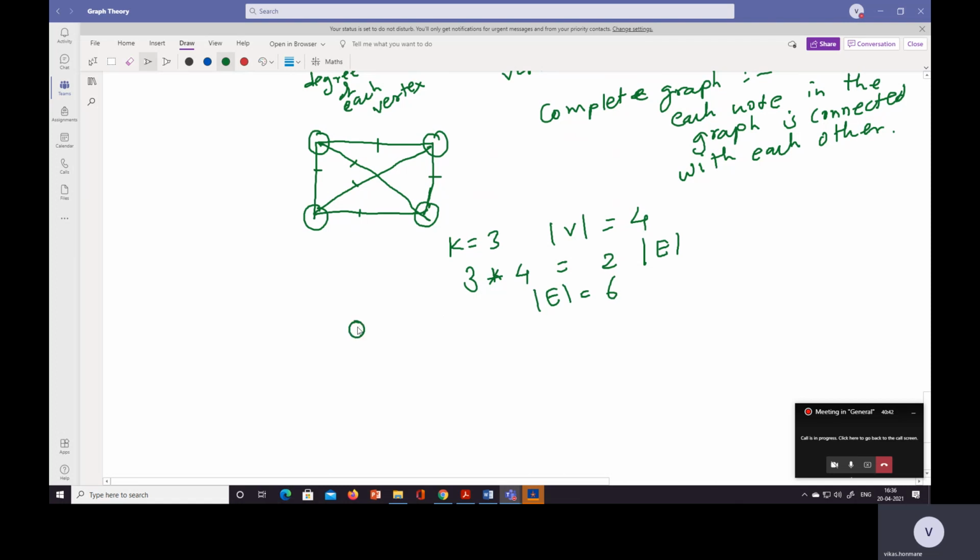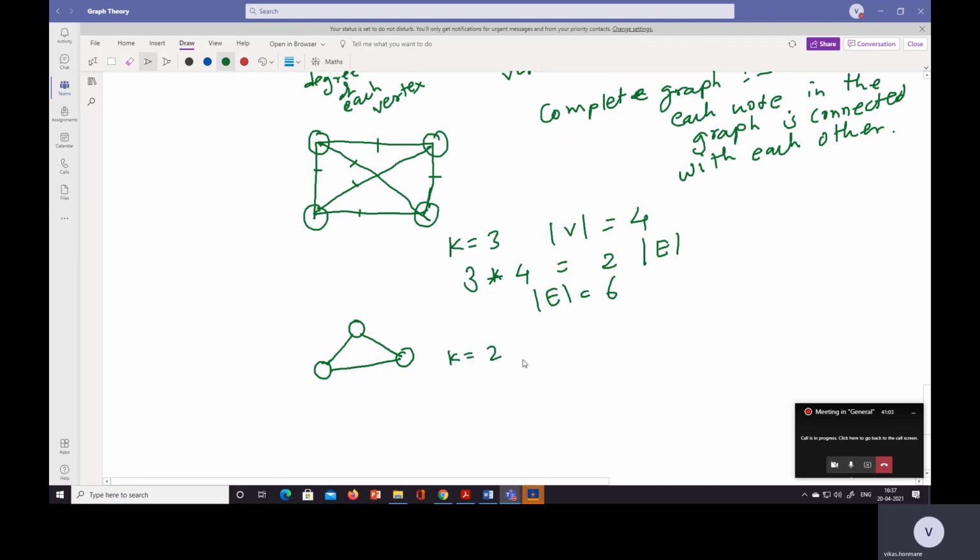So complete graph, this is one node, this is another node. So this is the complete graph. Each node is connected with the other node.